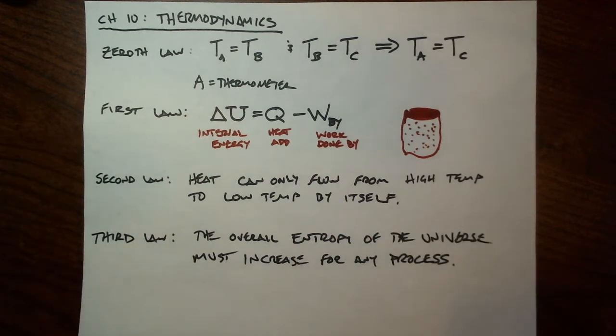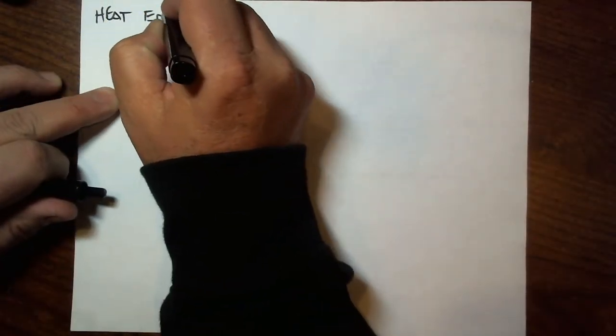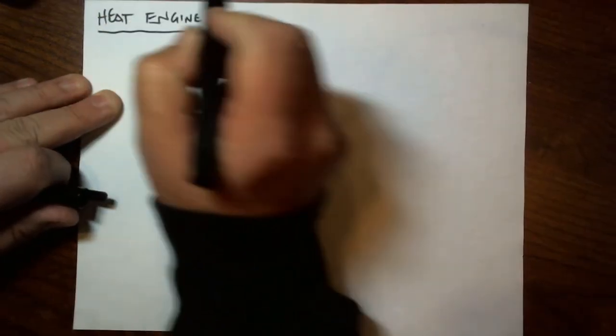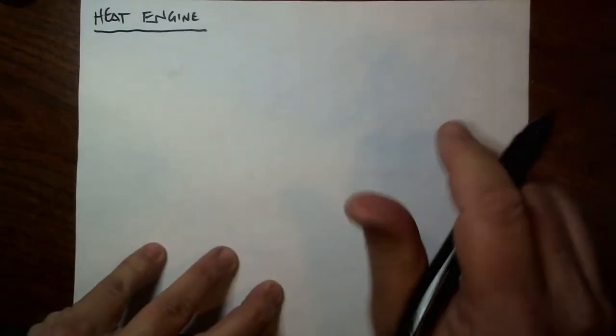I'll try to show you some situations in which they're used, but we're going to talk specifically about how you might build a device called a heat engine. And actually, any engine is a heat engine. Sometimes the word heat seems superfluous, but there you go.